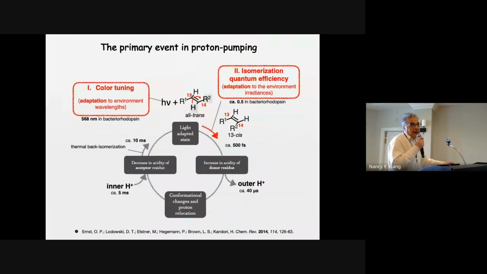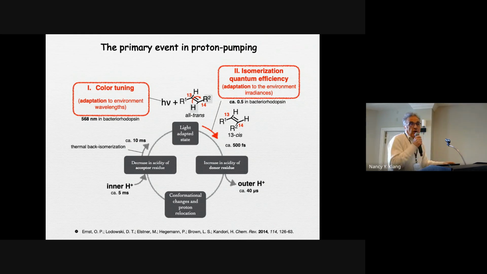Now here, my assumption is that the efficiency of these particular systems, by efficiency I mean their adaptation to illumination conditions, is a function of the so-called primary event in proton pumping. Primary event means simply 2 things. The first thing is that the particular rhodopsin has to be able to absorb a specific light wavelength that is in the environment. That is the first constraint.